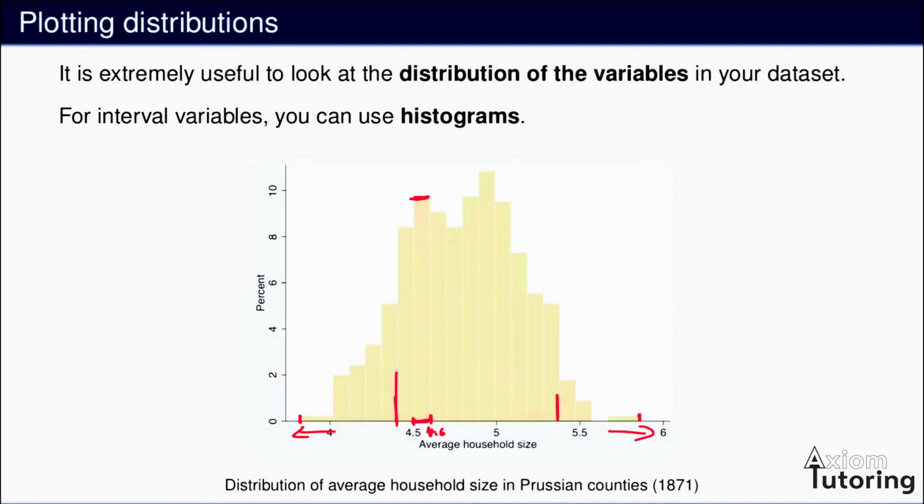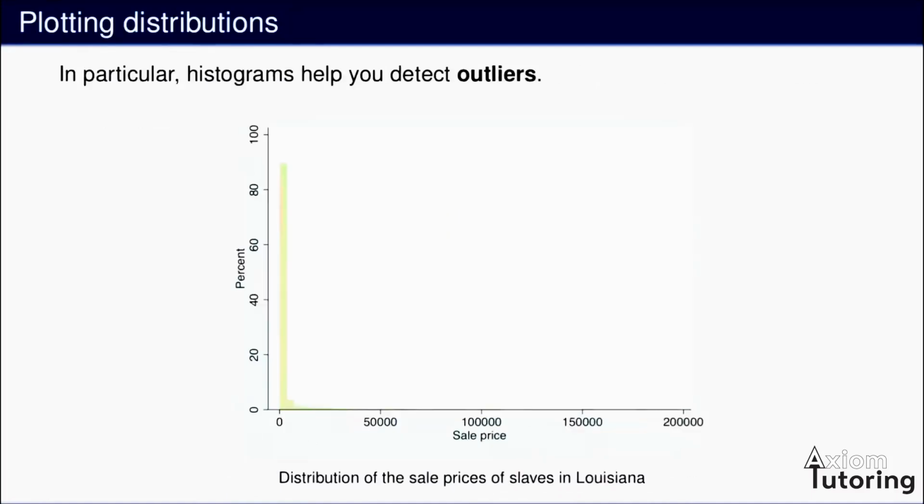Now, another reason why histograms are super helpful, especially when you start investigating a data set, is that they allow you to detect outliers. So, for example, here we're looking at the distribution of the sale prices of slaves in Louisiana.